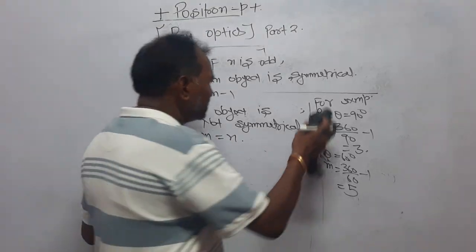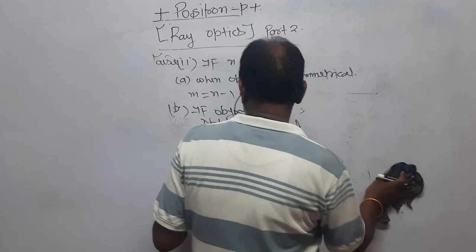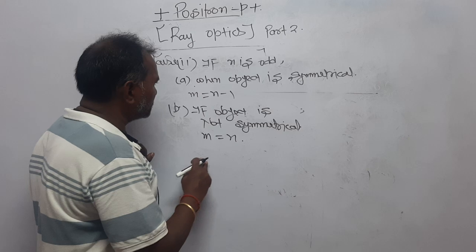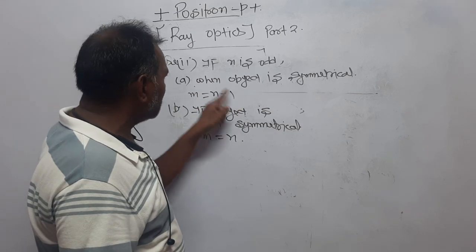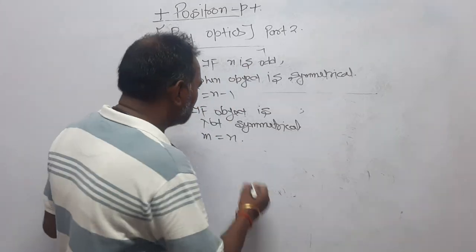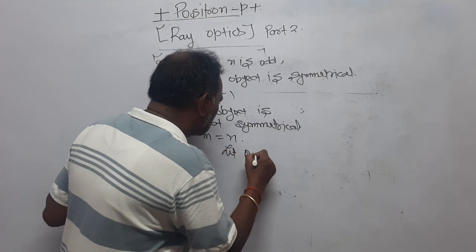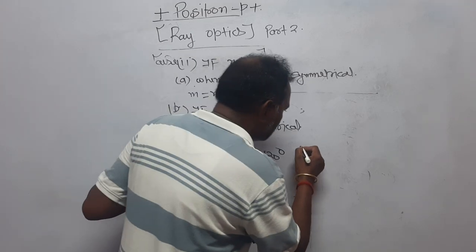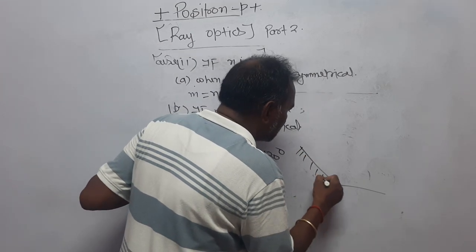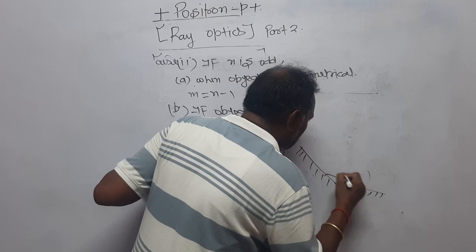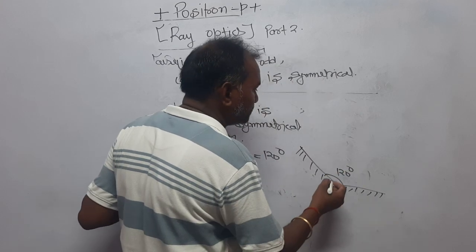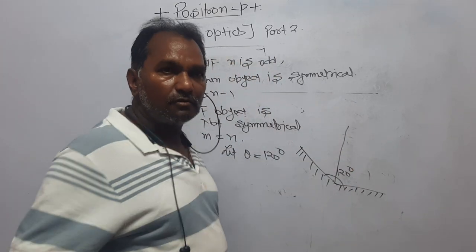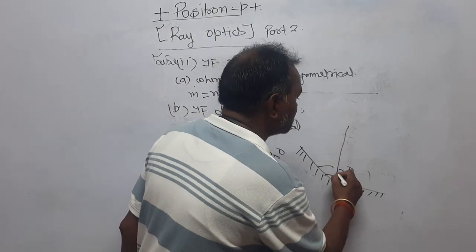Now, let's find an example of this one. For part A, I am considering m is equal to n minus 1, where n should be odd. So let theta equal 120 degrees, and the object is symmetrical, meaning the two mirrors are at 120 degrees. Object symmetrical means the object lies somewhere on the angular bisector, that is 60 degrees from each mirror.